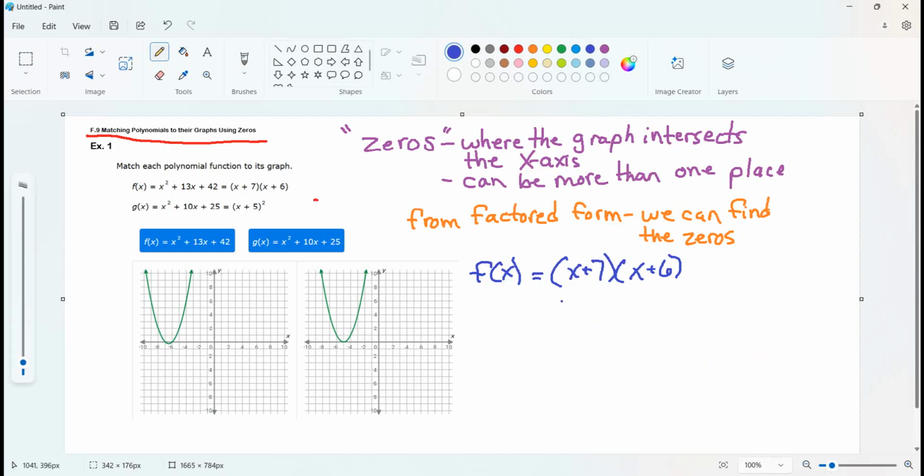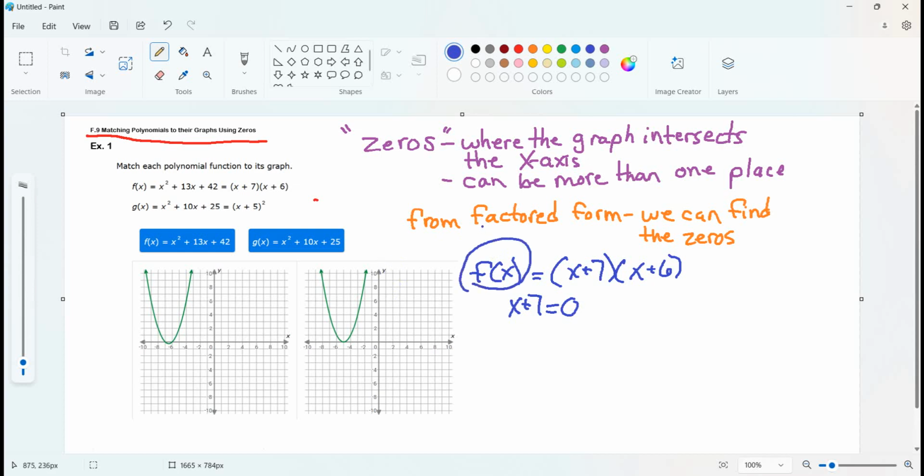Okay, so what we're going to do is take this one, x plus 7, and make it equal 0. So what if this one was 0? Again, we're looking for what zeros out the y, which is represented as this now.